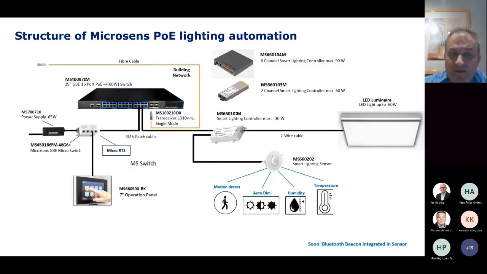So I think this is the main description of this PoE lighting system. It's an expansion of the existing network system inside the building, and by doing this you can provide to the customer the full control about lighting inside the building by taking the advantages provided by an encrypted and safe network infrastructure.